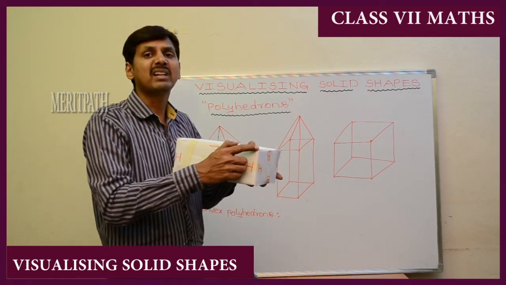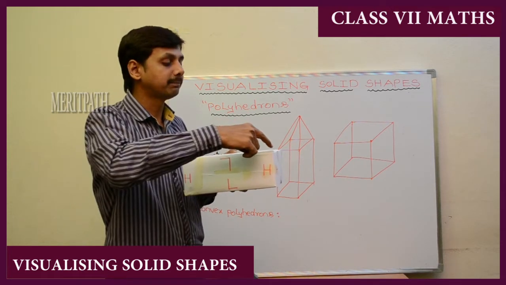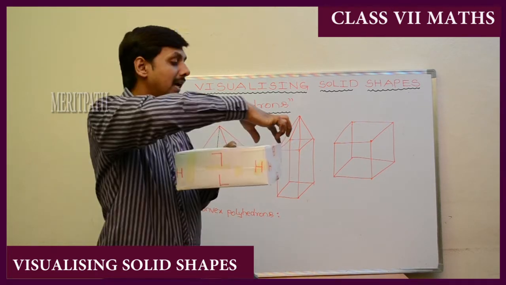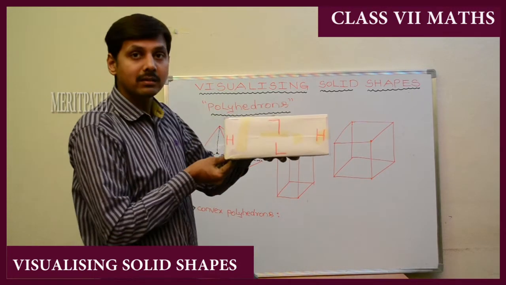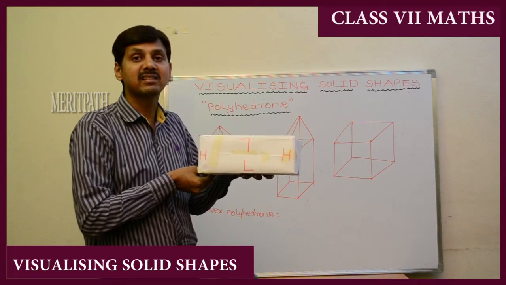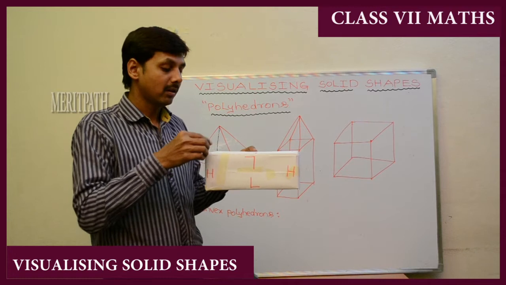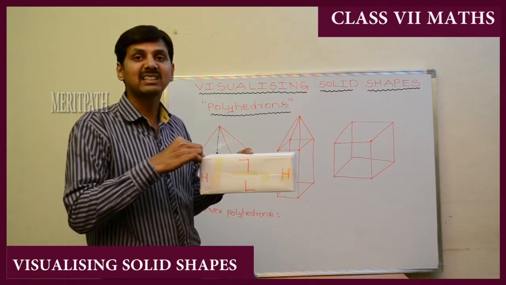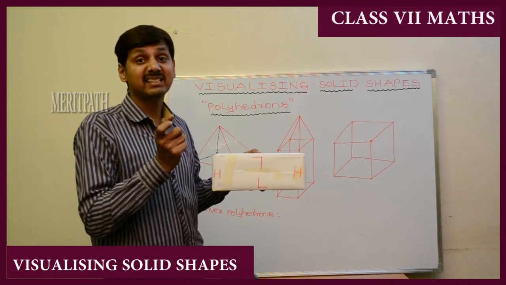Let's see how many vertices we have in this cuboidal box. This is the first vertex, vertex 1, 2 and 3, 4, 5, 6, 7, 8. So totally we have 8 vertices. One is called a singular point, the joining of these two edges we call a vertex, and the plural form of vertex is vertices.